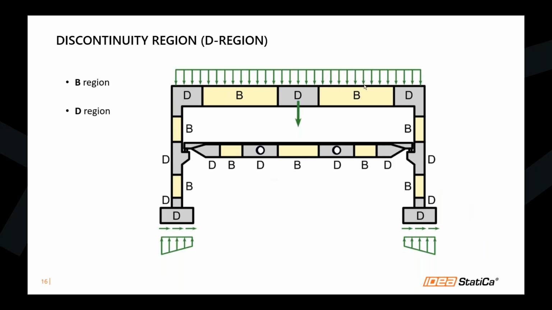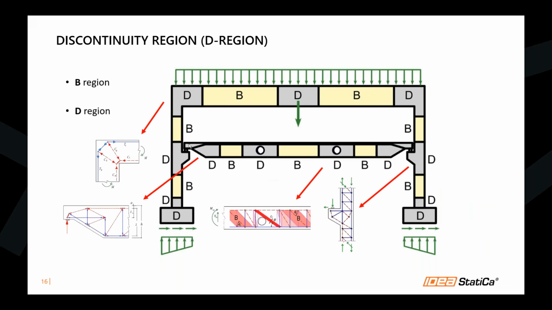A B region is a region which is away from, let's say, a point load, away from openings, away from changes in the section and all that, basically the yellow color one. For this one you can just use the formulas inside the code to do your calculation.